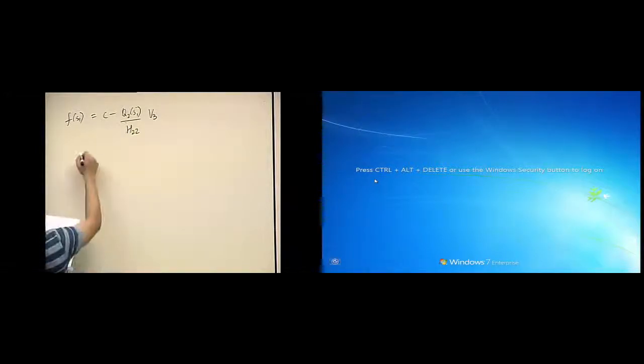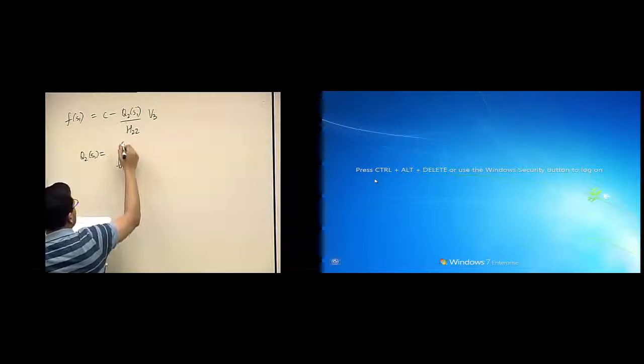So Q2 of S1 is the integration from 0 to S of E times t x3 ds. So what should be x3 in this case? This is our centroidal principal frame.